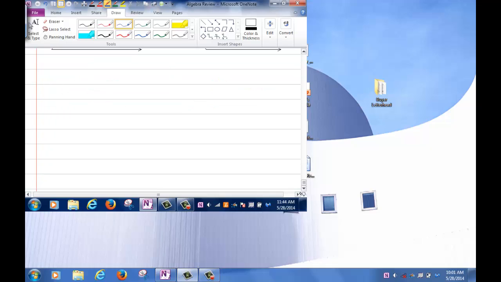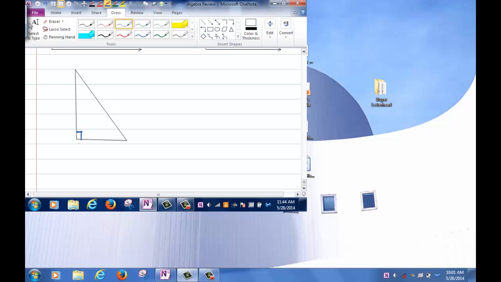We need to remember the Pythagorean theorem. The Pythagorean theorem is the following. Suppose that I have a right triangle. So let me make a right triangle here. This is 90 degrees. What do we mean by a right triangle? It's a triangle where one of the angles is 90 degrees, right?